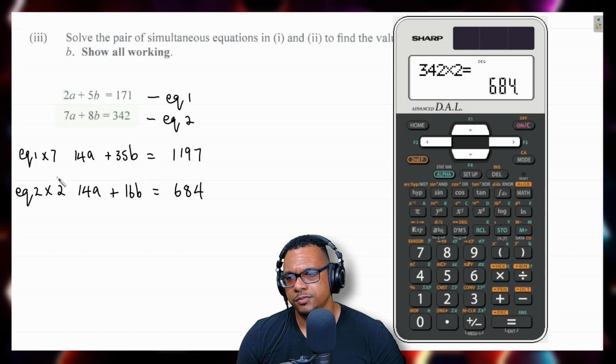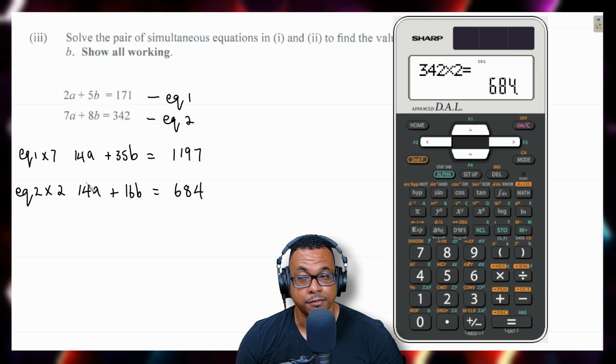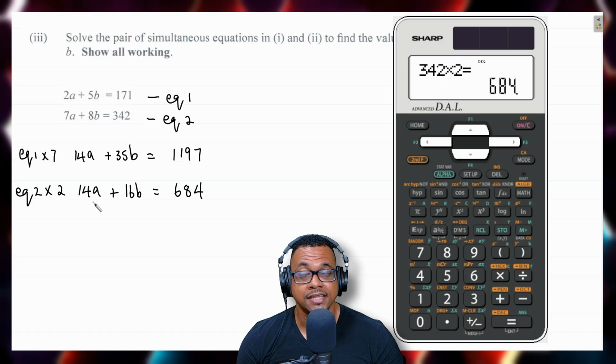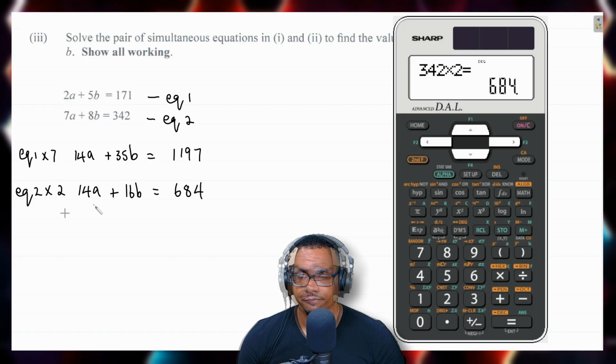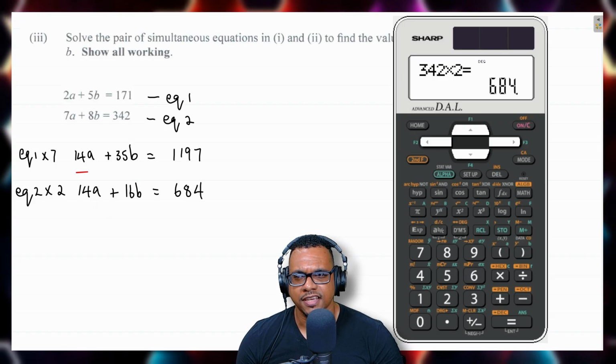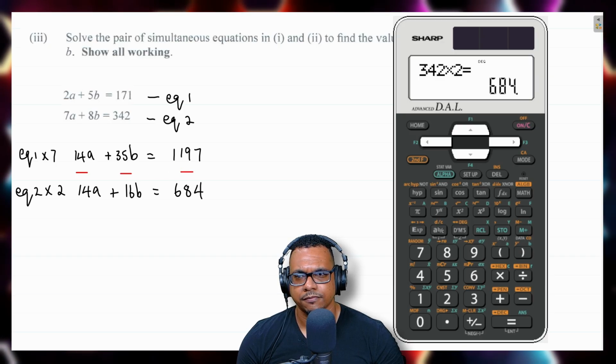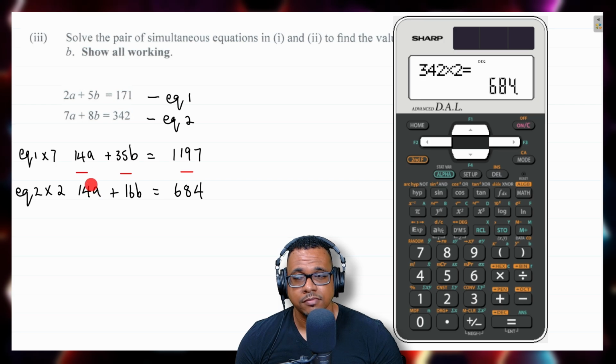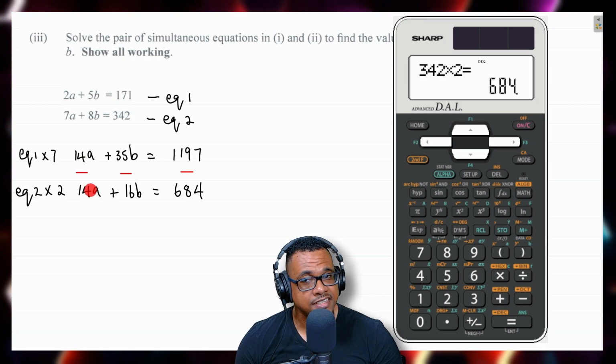Now, notice we have 14A here and 14A, both of them positive. So if I subtract, I will get 0 and eliminate the variable A. So I'm going to put my subtraction signs here. So now 14A take away 14A is 0. 0 is nothing, so you don't have to write anything.